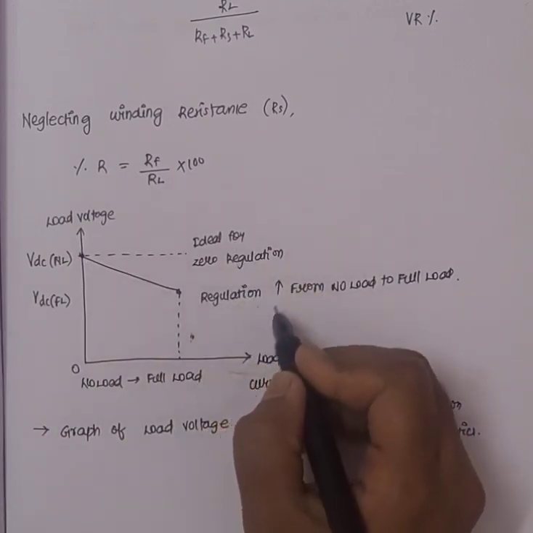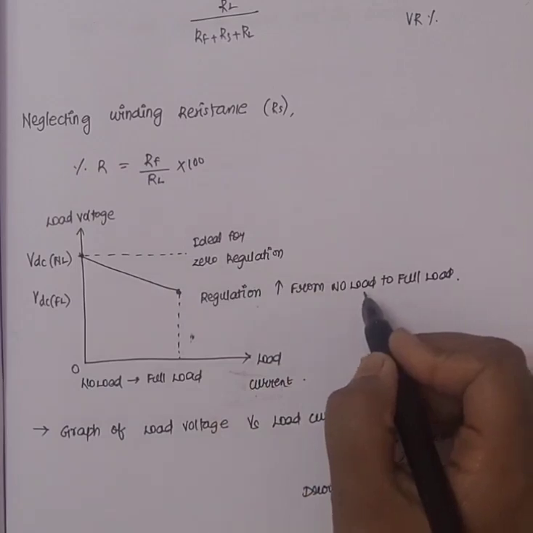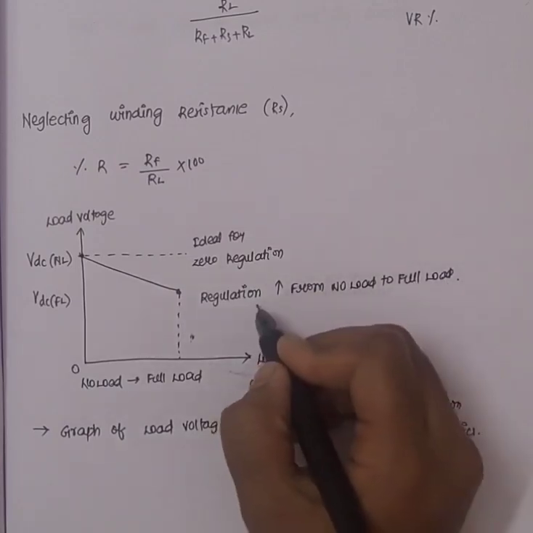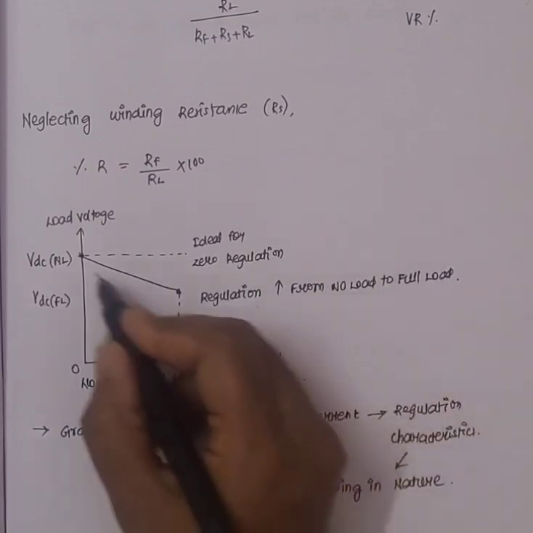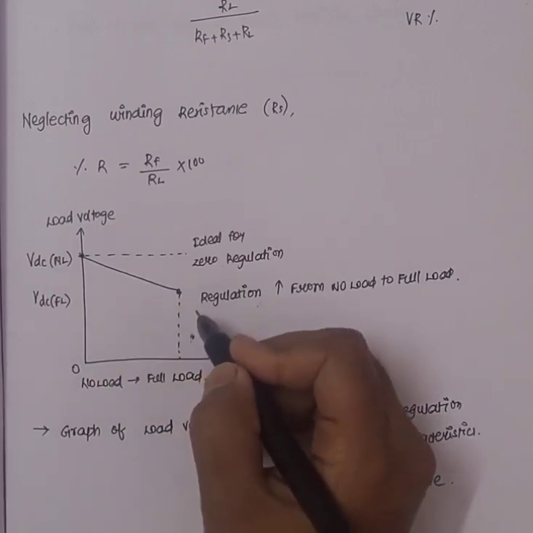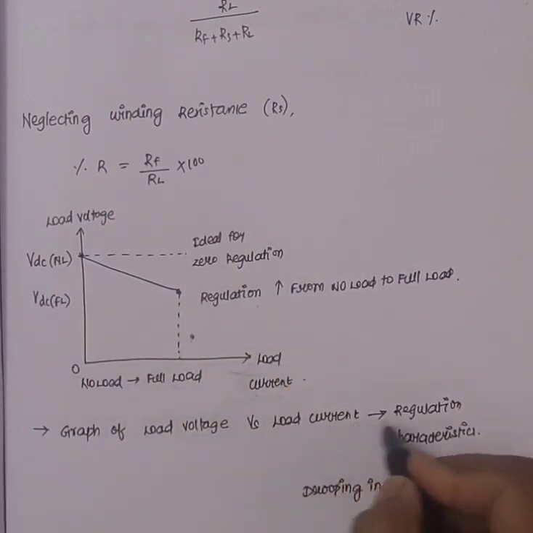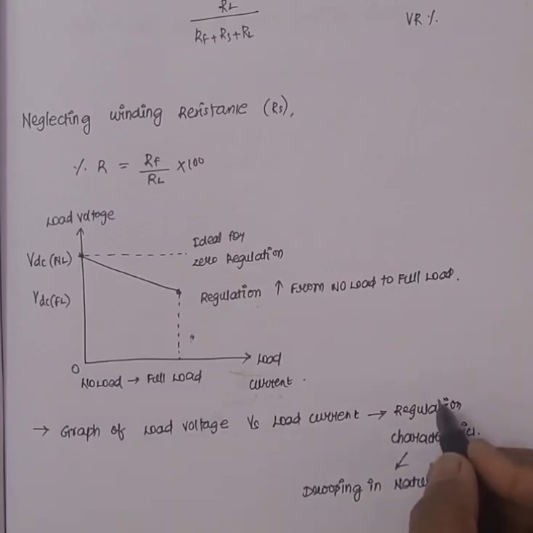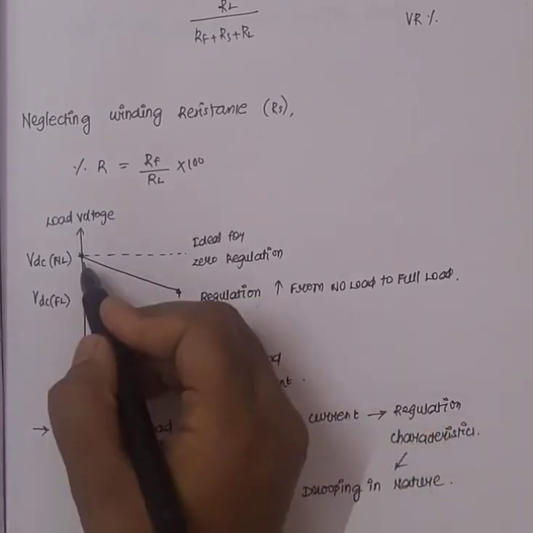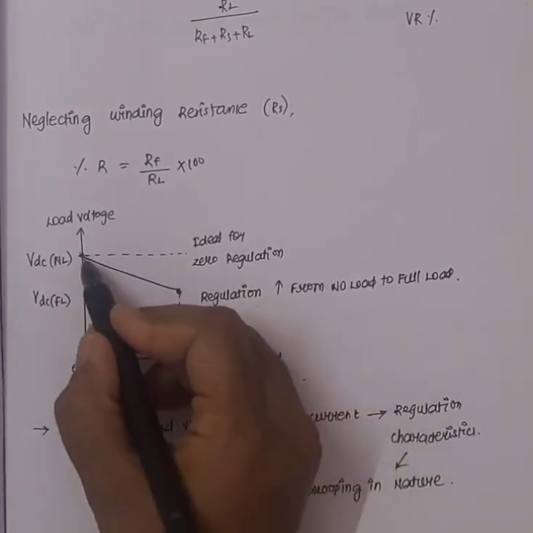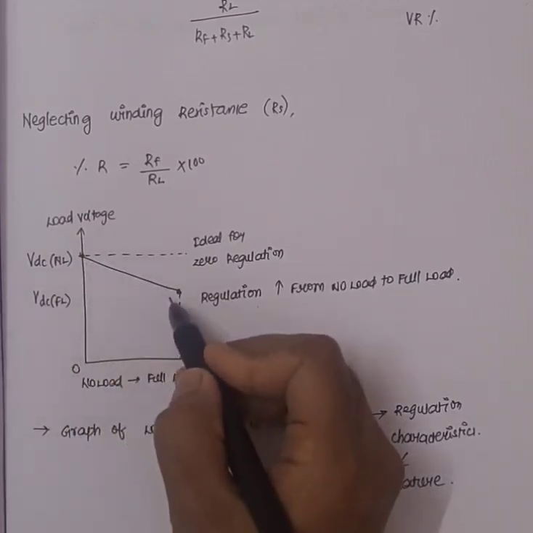For practical conditions, when going from no load to full load, the regulation also increases, as you can see from the graph. The graph of load voltage versus load current is the regulation characteristic, which is always drooping in nature, that is, it is getting reduced over here.